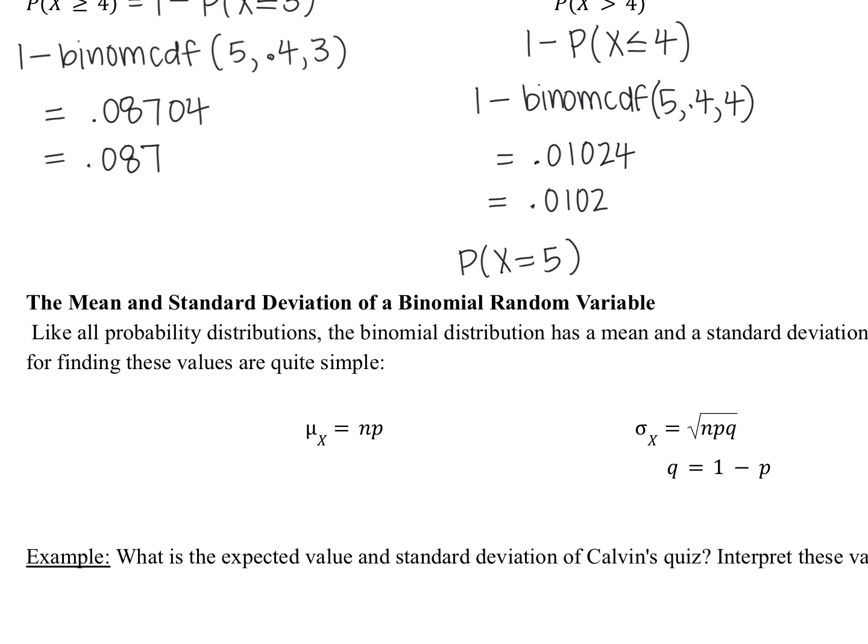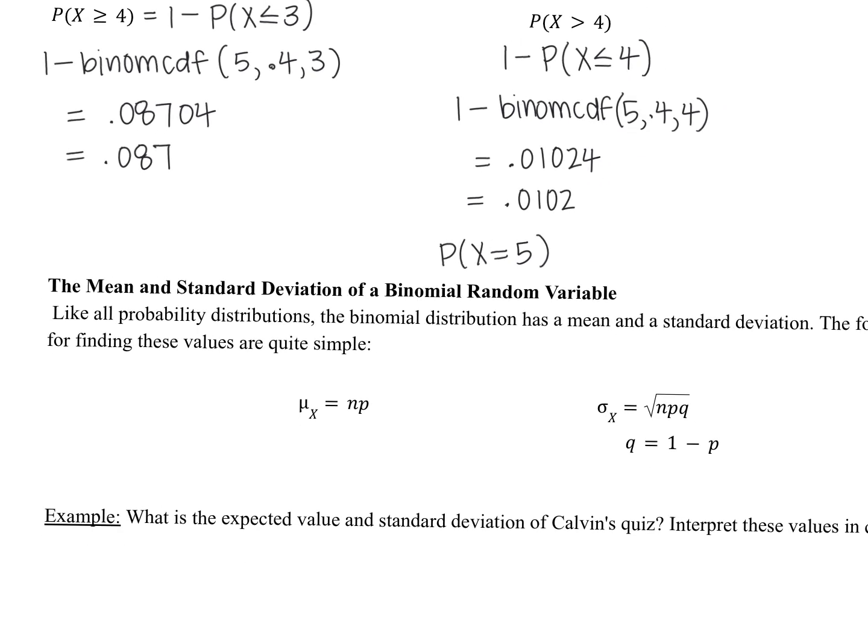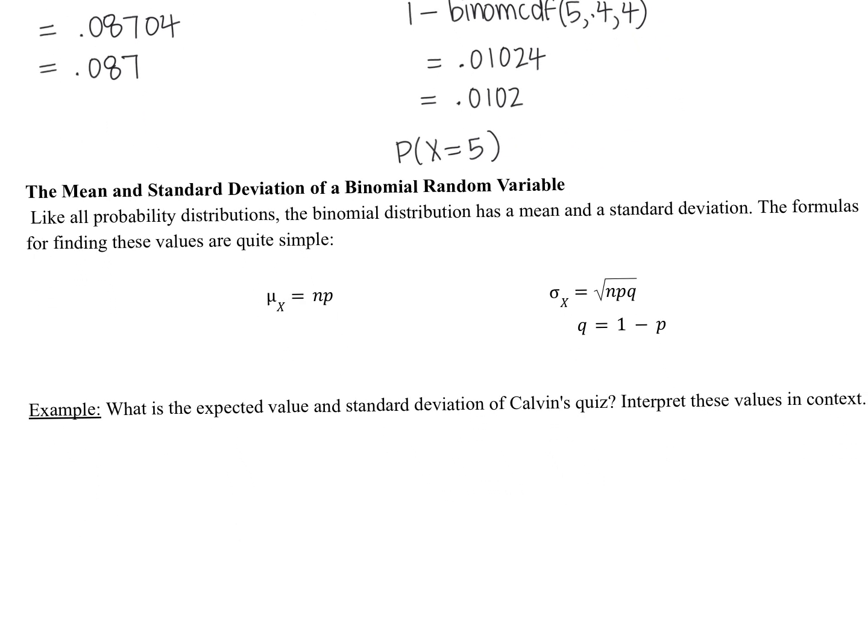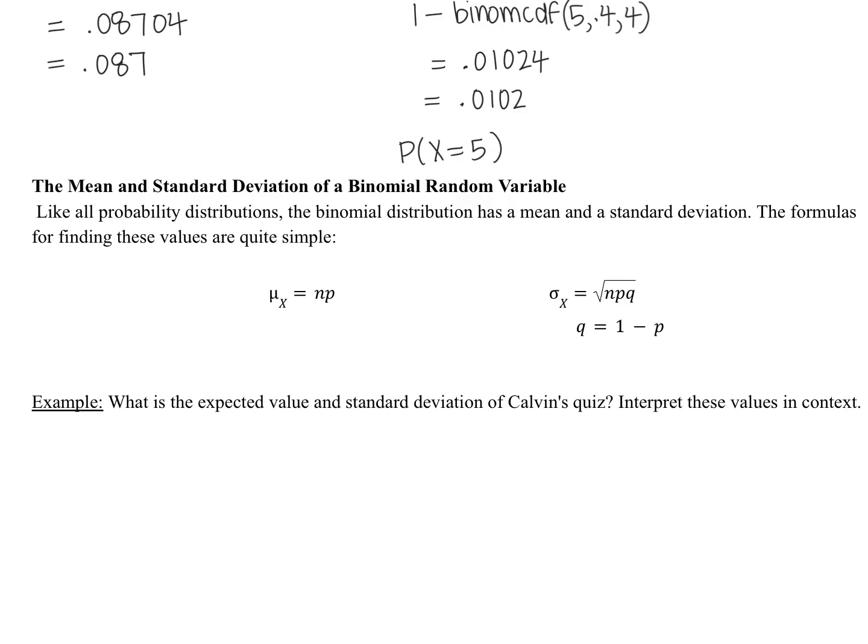So the next thing we're going to talk about is how to find the mean and standard deviation for a binomial distribution. And it's probably actually the easiest formulas for mean and standard deviation. The mean for a binomial distribution is just n times p. So however many trials you have, multiply it by the probability, that gives you your mean.